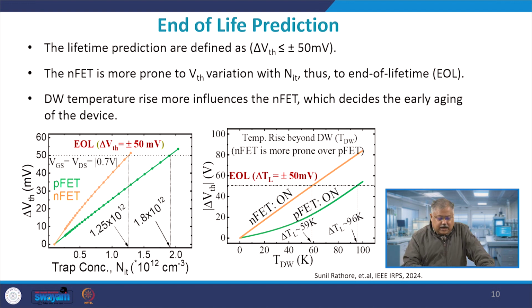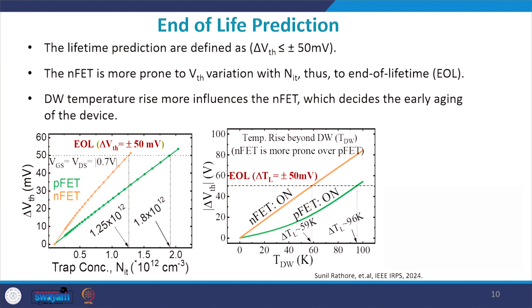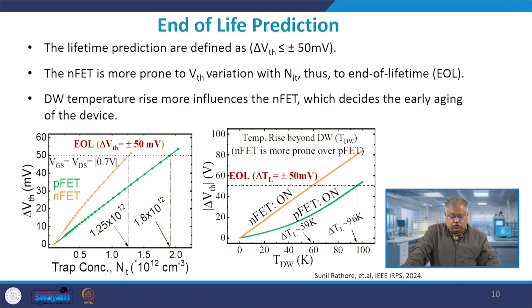Now let's come to the last part here, that dielectric wall temperature influences the NFET. So if both the devices are on, then through the dielectric wall, source and drain can talk to each other, and that will become very difficult in that sense. Now if you look at the right hand side figure and you plot EOL at a plus minus 50 millivolt delta VTH, then NFET crosses it at around 60 Kelvin of TWD.